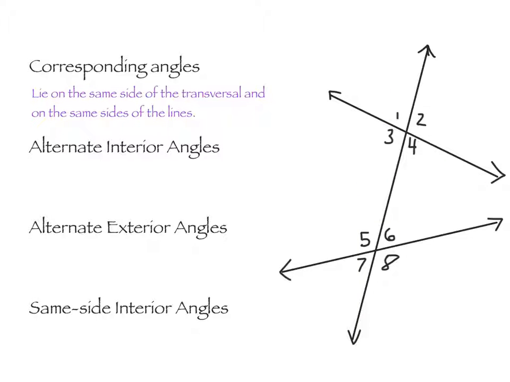And on the same side of the line. So let's take this line. We'll call this above the line and below the line. Take this line. We'll call this above the line and below the line. So they are on the same side of the transversal and the same side of the line. So the first example of these angles would be 1 and 5.